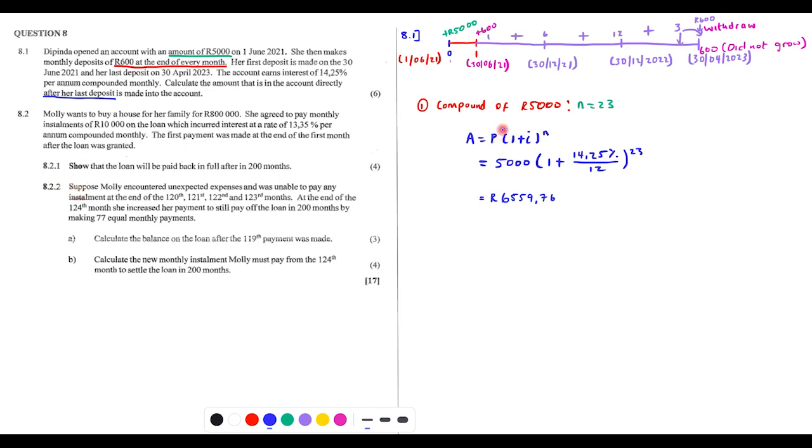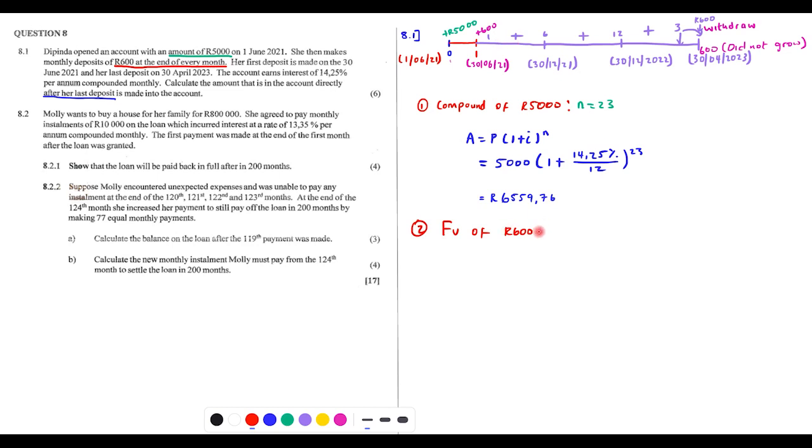All right. Number 2, we're going to look into the future value of the 600s. Now, how many 600s did you put in there? There is 23 600s, as you can see here.